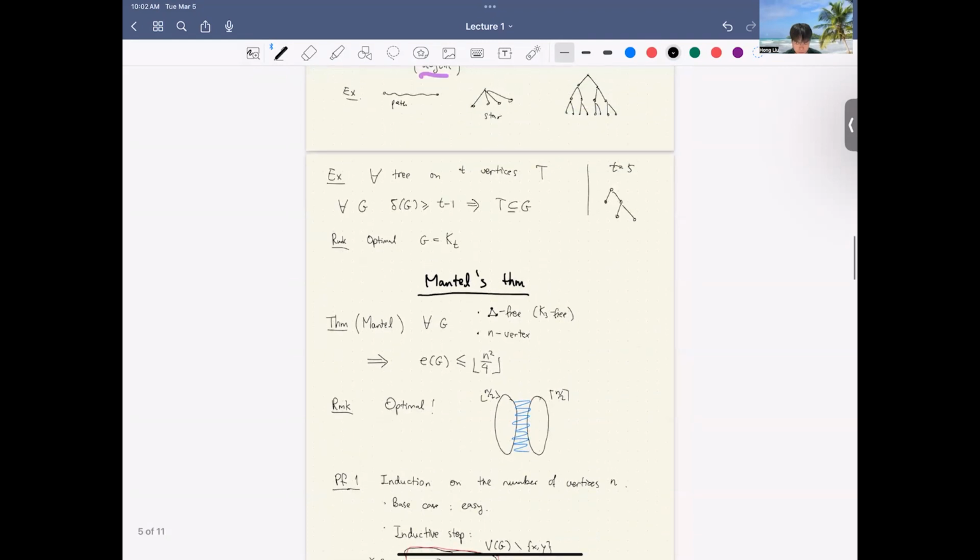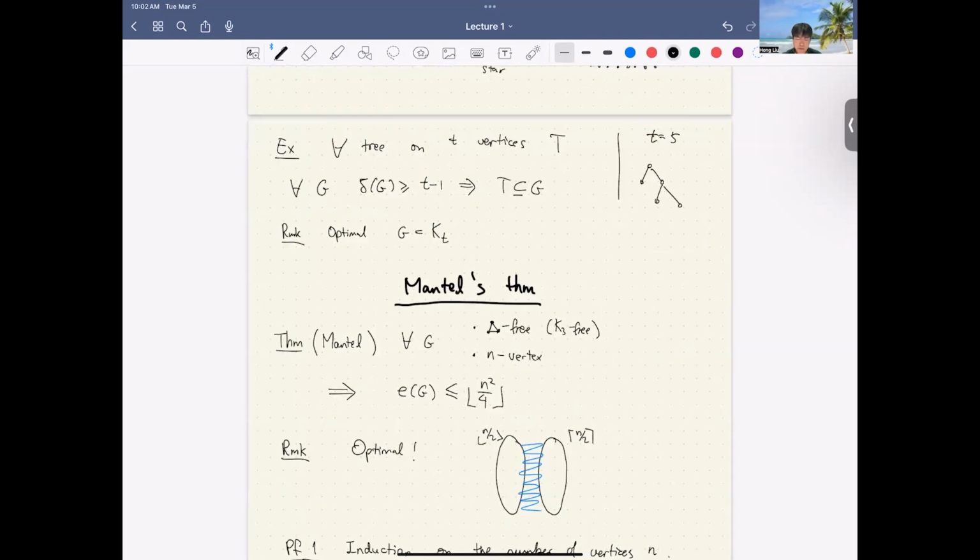Does it mean that we could find all trees on t vertices, or just one? Actually, here you can find all trees. Sometimes they call these universality results. In this case, you can find all trees. It's a very simple greedy embedding. You can try it. Good. Other questions?